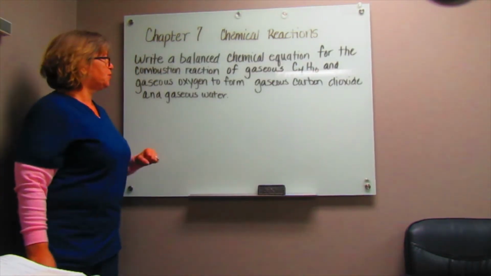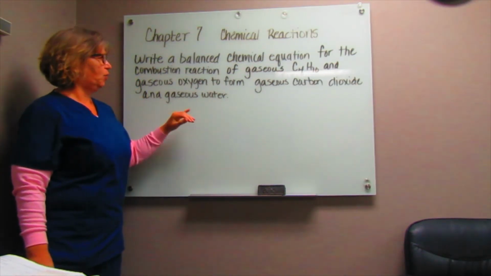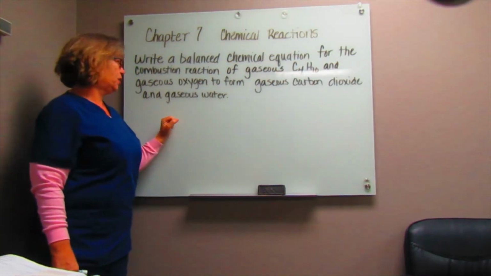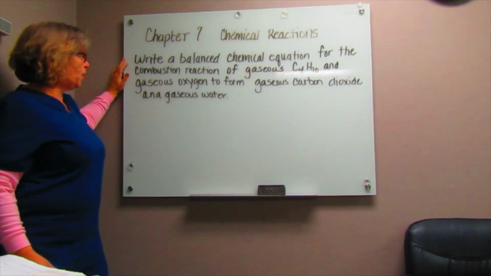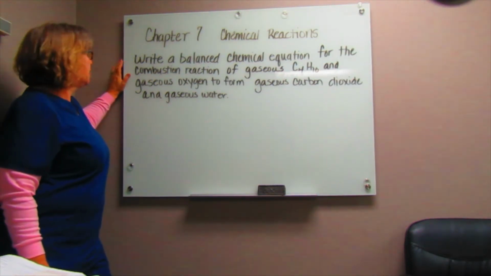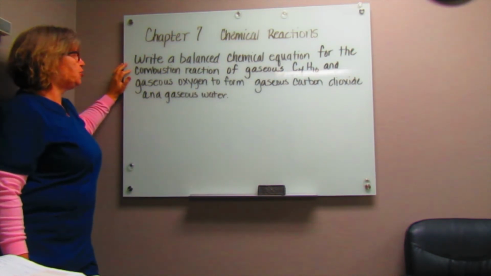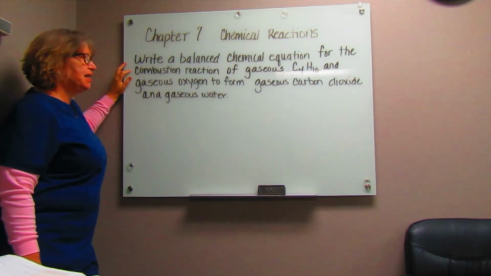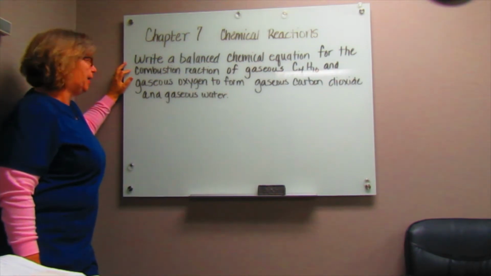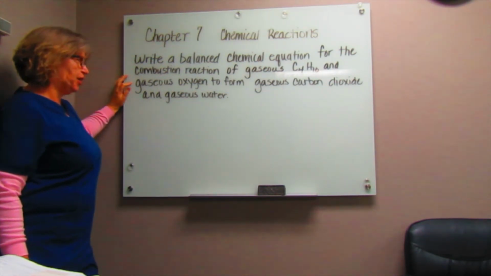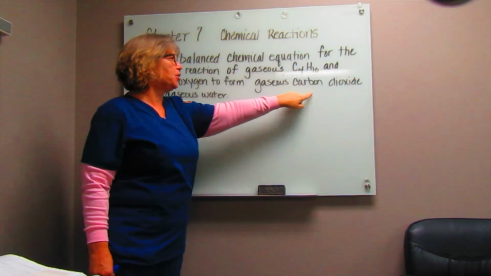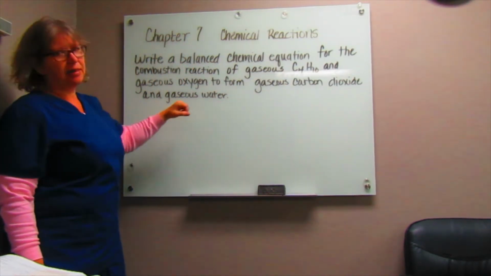Occasionally, your professor is going to give you an equation in written form. This is a good example. So what this question says is to write a balanced chemical equation for the combustion reaction of gaseous C4H10 and gaseous oxygen to form gaseous carbon dioxide and gaseous water.